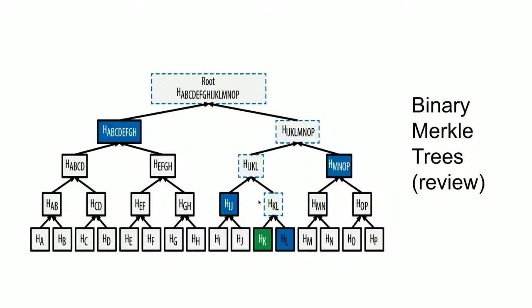So first of all, the description of how that works. On Bitcoin, they're just talking about transactions, but it could be any kind of data. Down here at the bottom row, you would have the leaves of the tree, which are any kind of data.